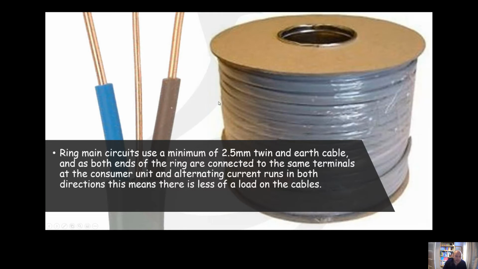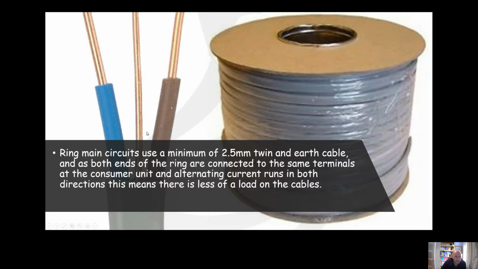Okay, the cable that you'd use for both radial and ring main, if it's feeding the sockets, would be twin and earth cable. Sometimes it might be described as twin and CPC sheathed, because you need to add sheathing to the earth wire. As you can see here, it's got the brown wire, which we know is the line, the blue wire, which we know is the neutral, and the CPC, or the earth wire.